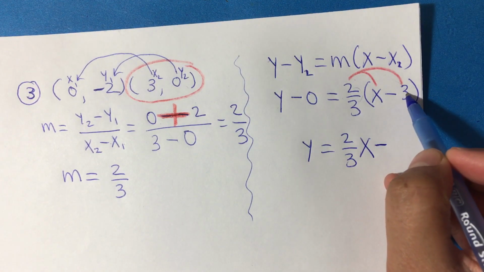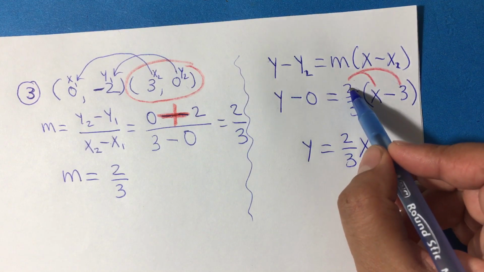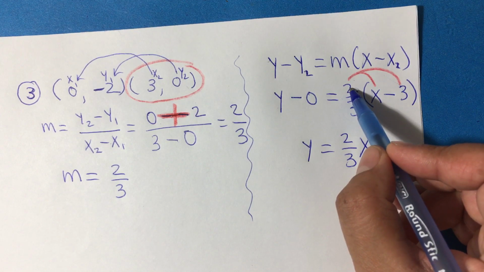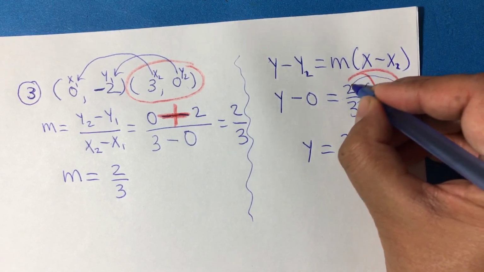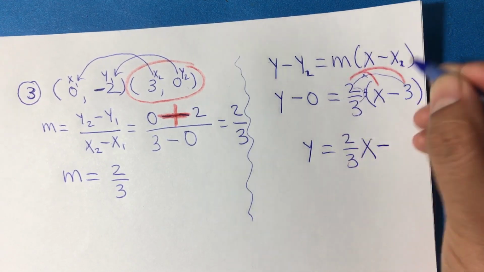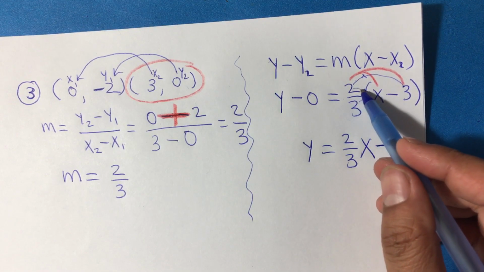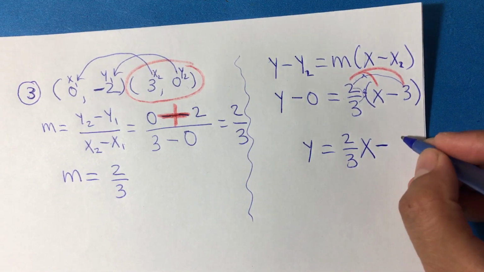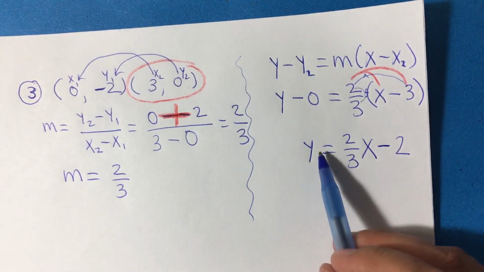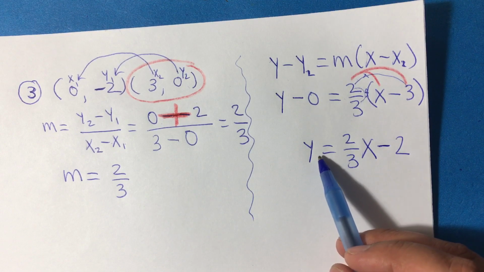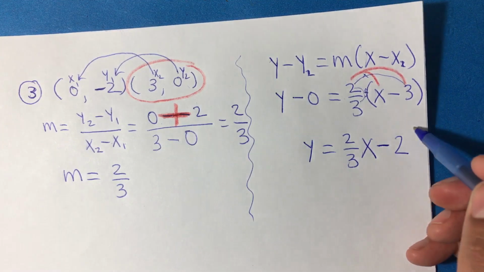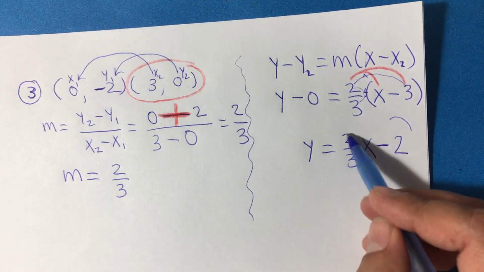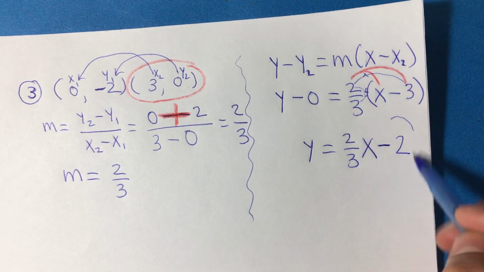So 3 times 2 is 6. 6 divided by 3. Okay, multiply and divide. 3 times 2 is 6, divided by 3 is 2. Since I don't have anything being added to y or subtracted from y, I don't need to do anything. It's already in y equals mx plus b.